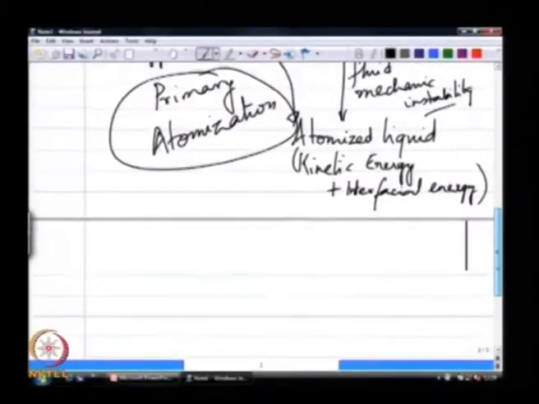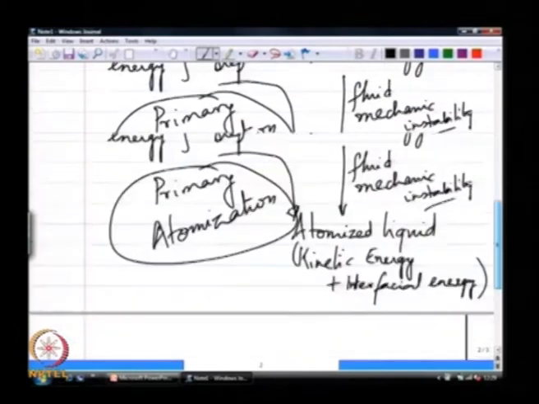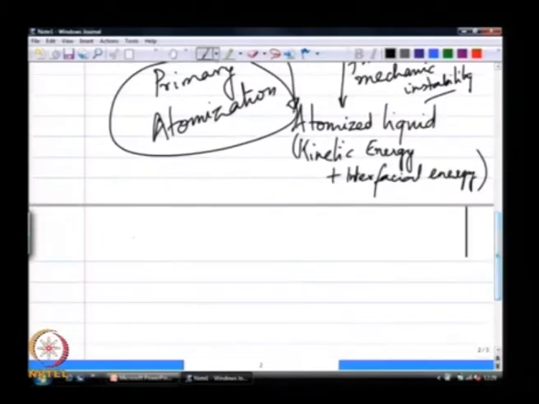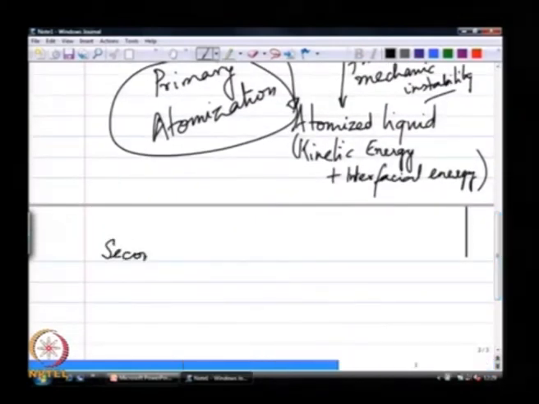This process of breaking up contiguous liquid into fragments is called primary atomization. To distinguish this, obviously if I call this primary atomization, I better define a secondary atomization, otherwise the word primary has no meaning.